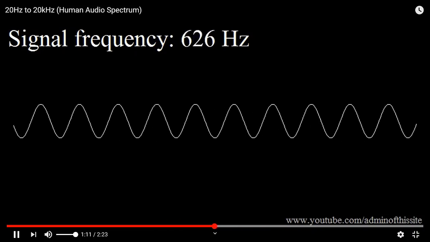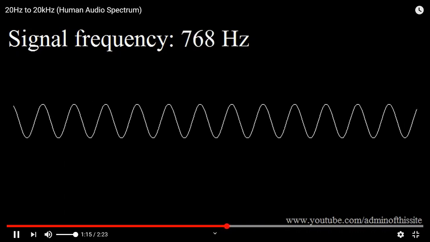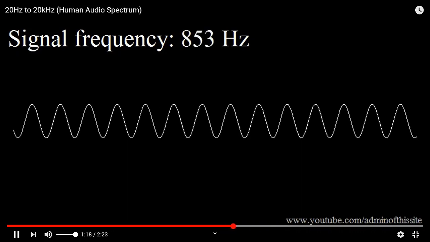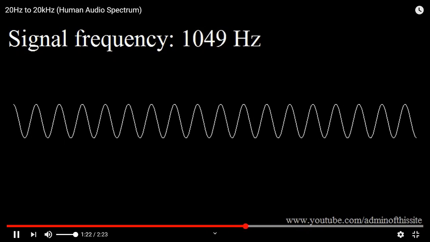You have to keep changing the settings when you're using an oscilloscope, otherwise they just sort of disappear because there's too many of them.